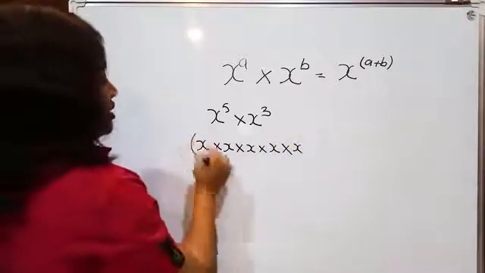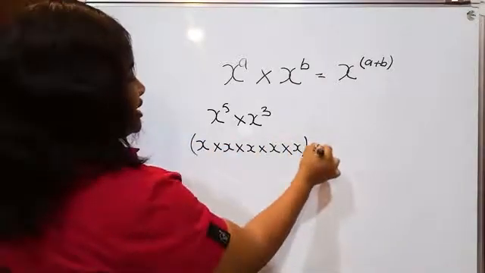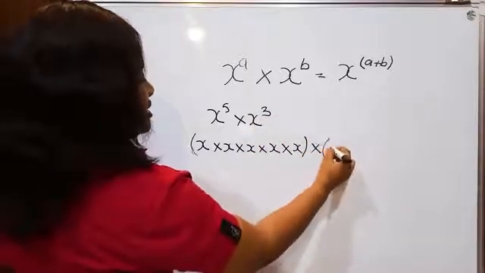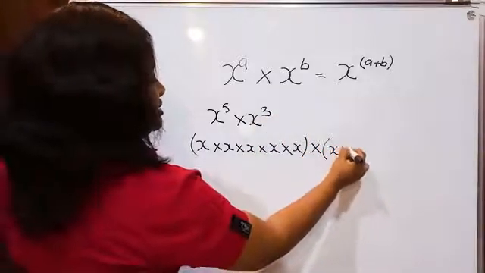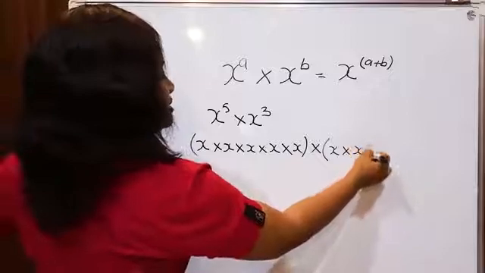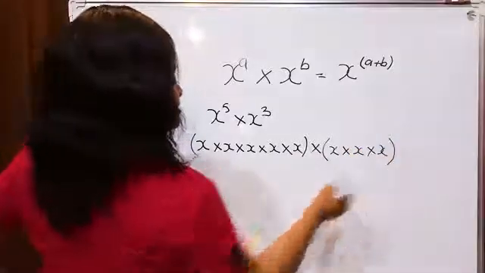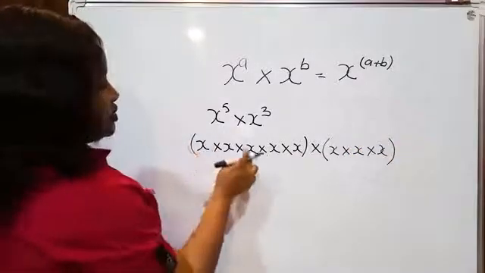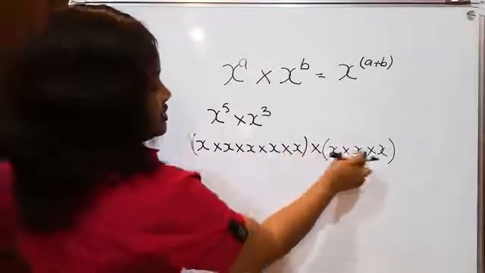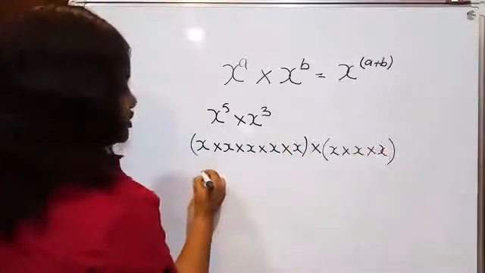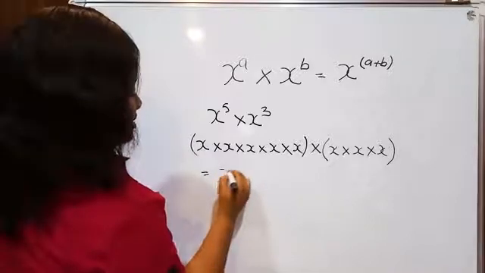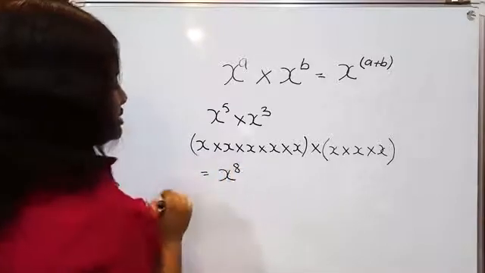Then we have times x raised to power 3, which is x times x times x. So now I have 1, 2, 3, 4, 5, 6, 7, 8. So it gives us x raised to power 8.